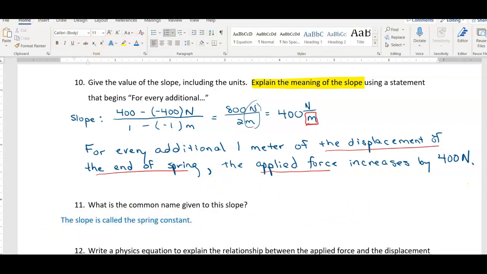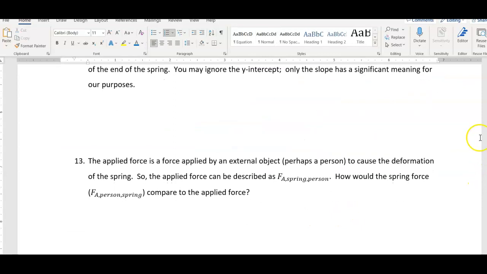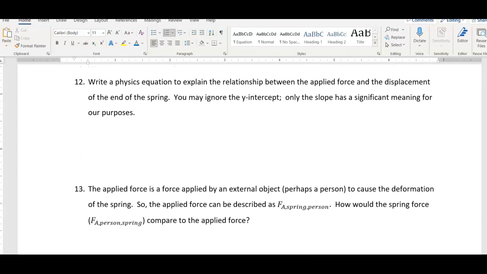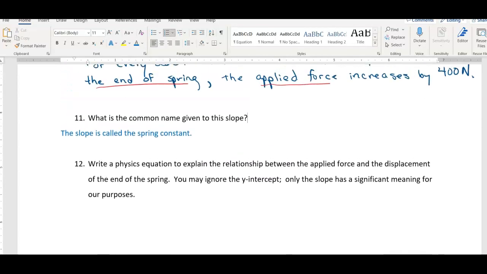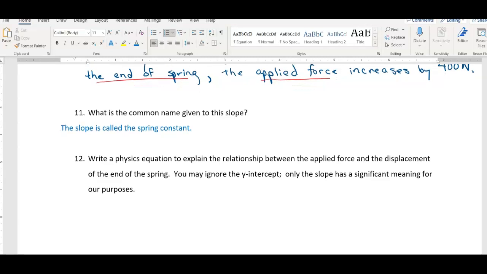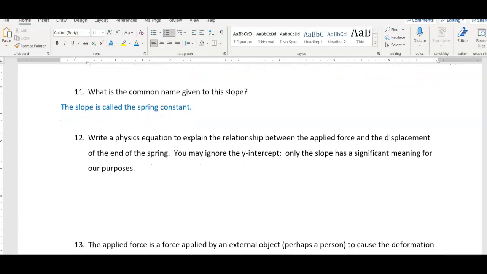Okay, and then it asks us to write a physics equation that explains this relationship. And it says we can ignore the y-intercept, okay, which is actually 0. So, you know, we're just going to put that in there. So here our independent variable, remember, is the displacement of the end of the spring.